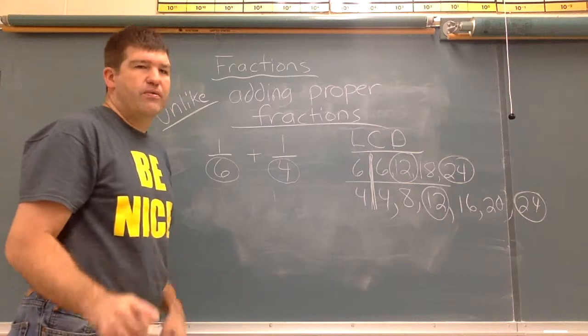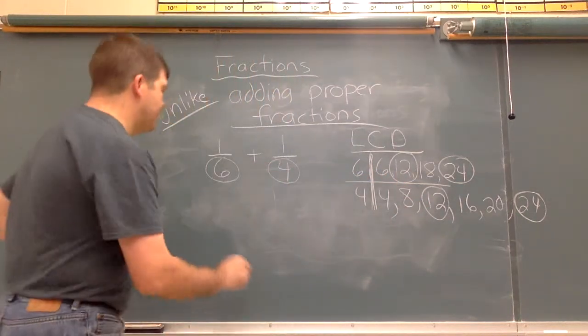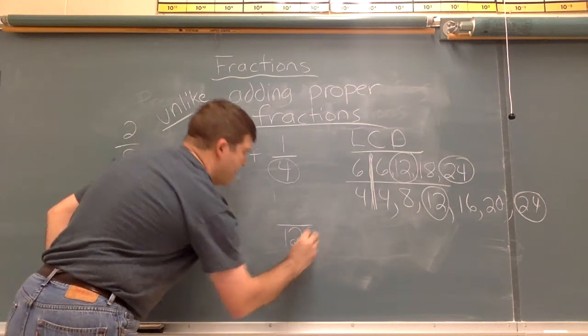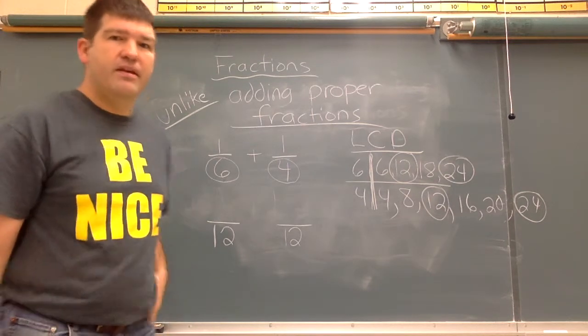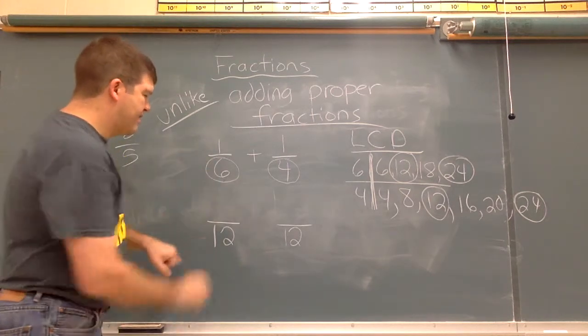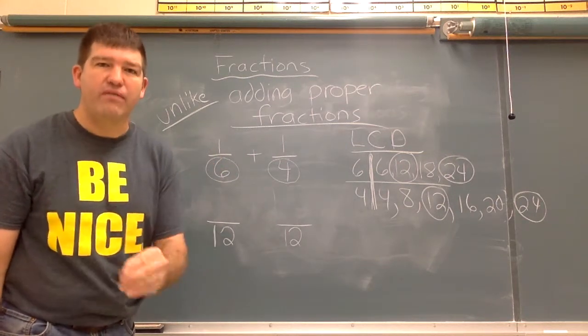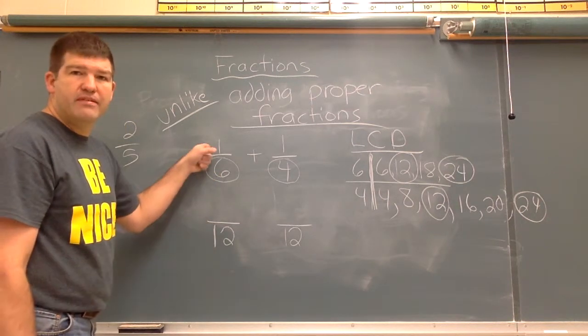So once I've got this number, then you can do this, okay? The 12 is going to be my denominator for both of them. But the way I get the top number to be of the same value, I need to make it equivalent. And the way you make it equivalent is you do the same to the bottom as to the top.